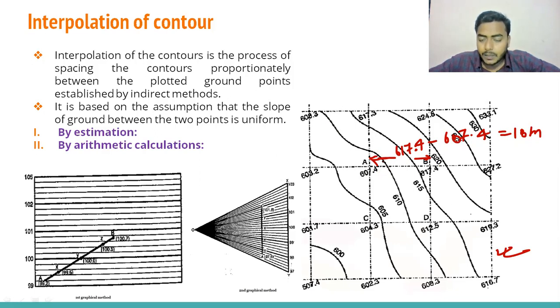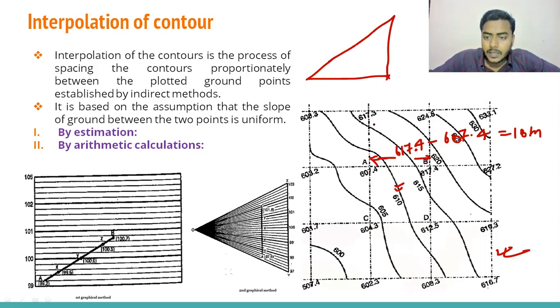Now this interpolation is going. This contour line has elevation 610. Okay, 610. So now just see here this point, and this point. The elevation of this point is 617.4. That is B in the picture.